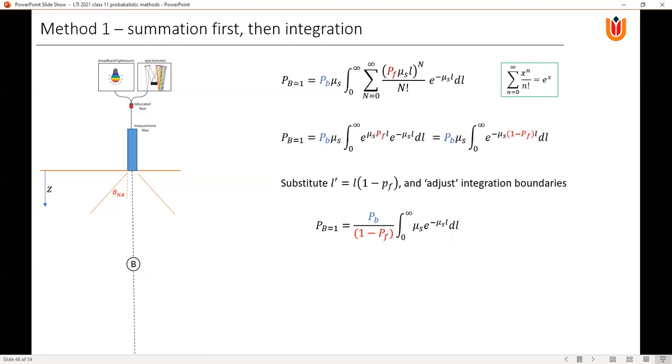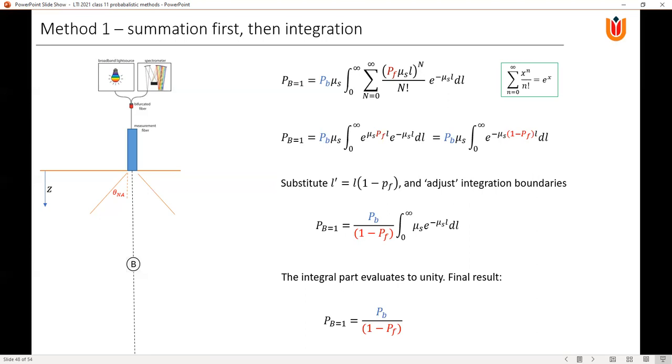That was normalized, so this integral evaluates to unity. So the final result is the probability of all possible numbers of interactions in the forward direction and 1 interaction in the backward direction, related to the signal probability, is given by this expression.